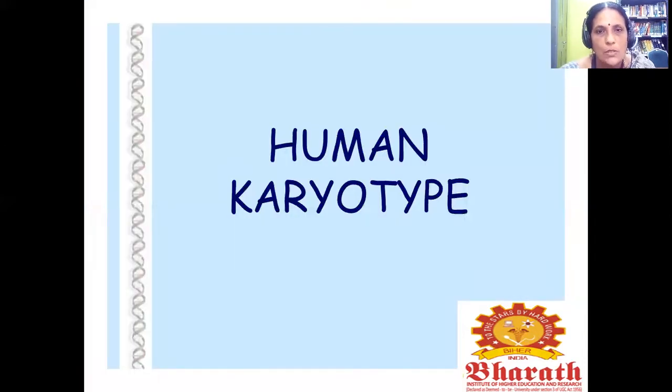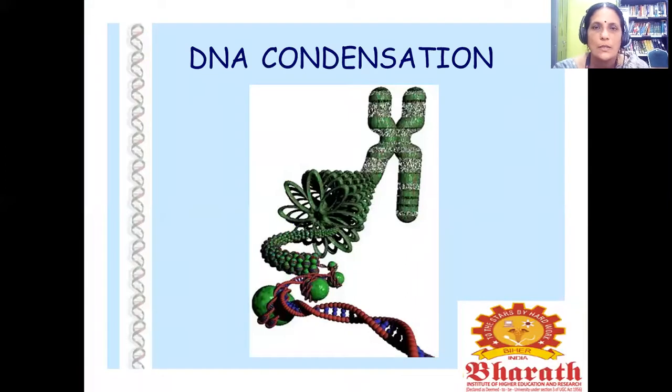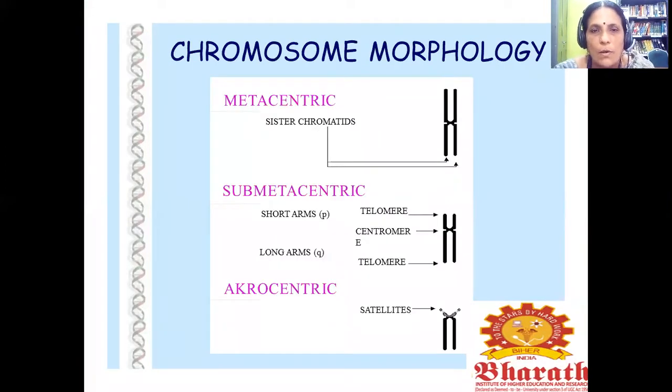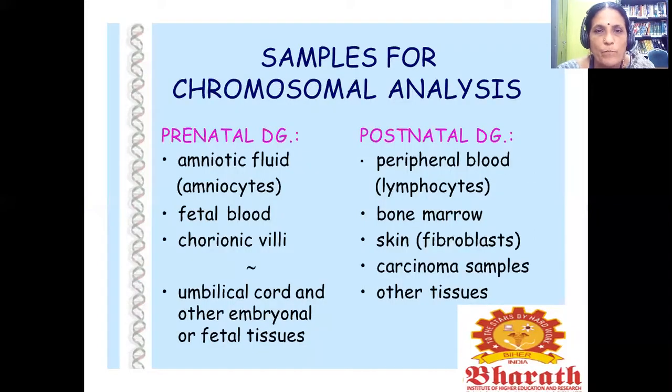So next, see about human karyotype. This is DNA condensation. Chromosome morphology: metacentric, submetacentric, acrocentric. See this picture. Then samples for chromosome analysis.